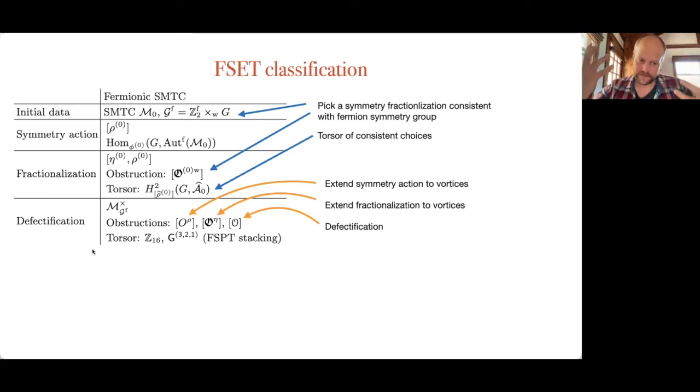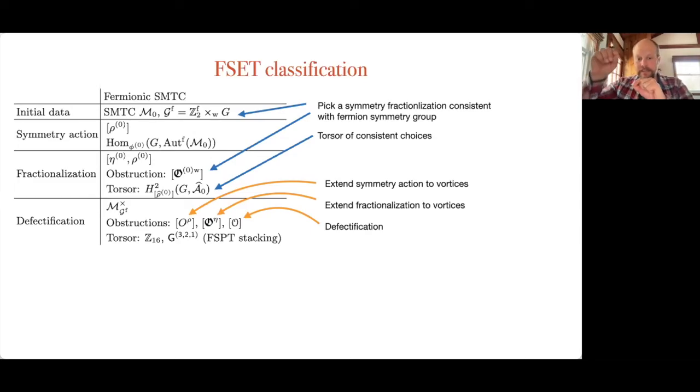So the next step is to defectify, which is effectively the step I skipped in this talk, where you describe the algebraic data of the braiding, statistics, and fusion of your anyons and defects. There are several obstructions that you encounter in doing that. One is the obstruction of lifting your symmetry action from the quasi-particles to the vortices.